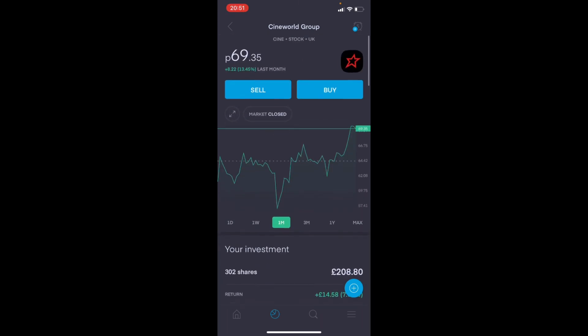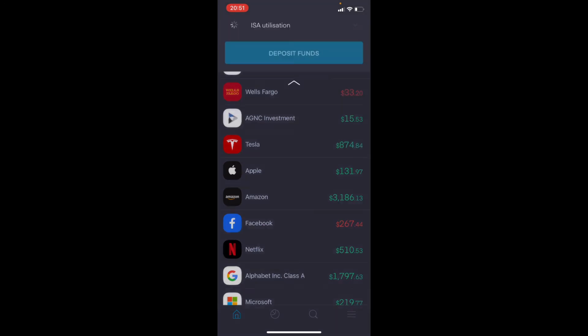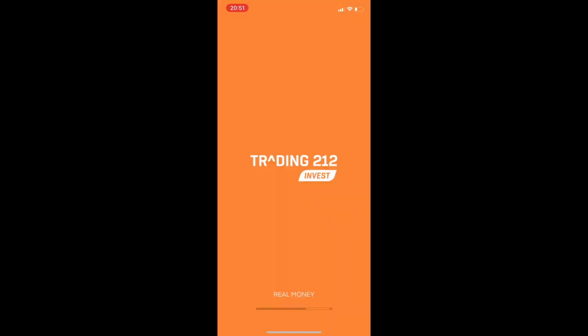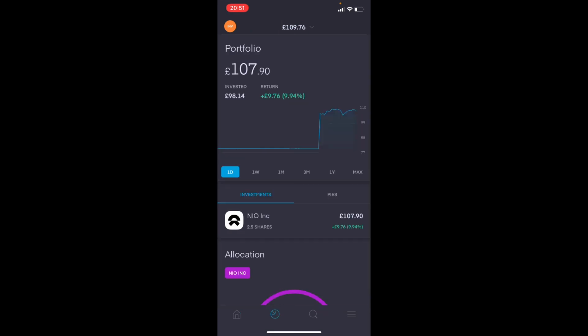What you can do is switch between your various ISA and normal trading. You just click on the ISA symbol on the top left hand corner here, and then you can go between the 2 or 3 accounts depending on what you've got. For example, here I've got some stocks in Neo, which is a sort of Chinese Tesla, and they don't meet the criteria for being in the ISA stock allowance, so you have to buy them outside.